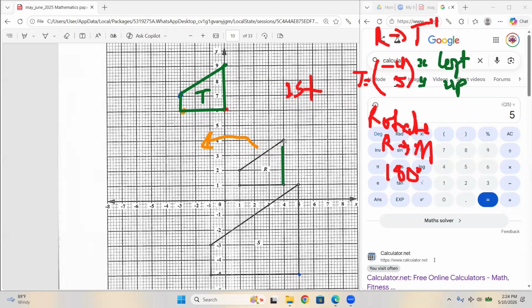So this side, as you can see, is 1 unit away from the axis, which will be from around here to here. It measures 3 boxes: 1, 2, 3. Yeah, this side will come there.